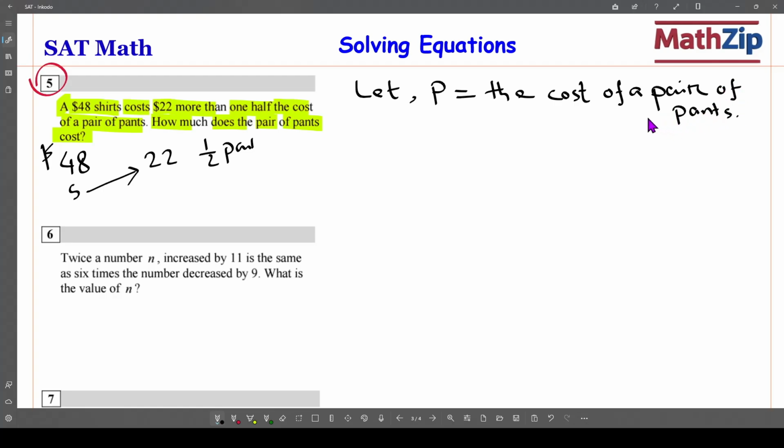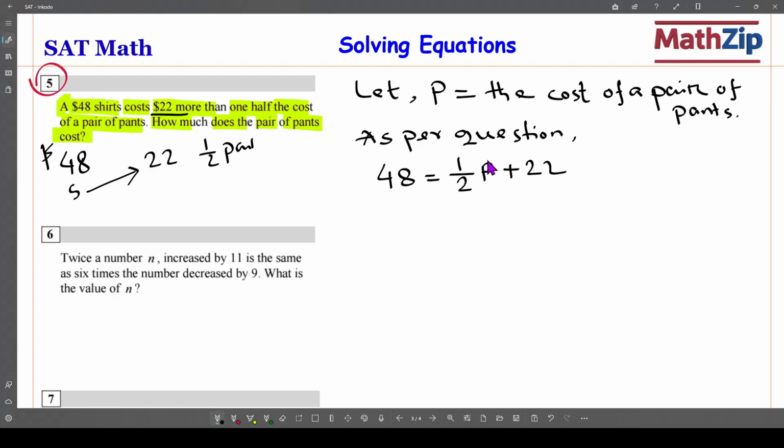Okay, so as per the question, $48 equals what? One half the cost of the pants, one half P, plus $22. Here it is already mentioned $22 more than. So now we have to find the value of P.